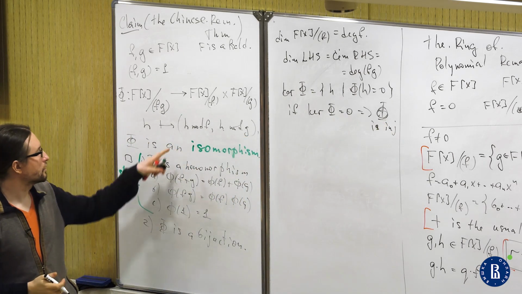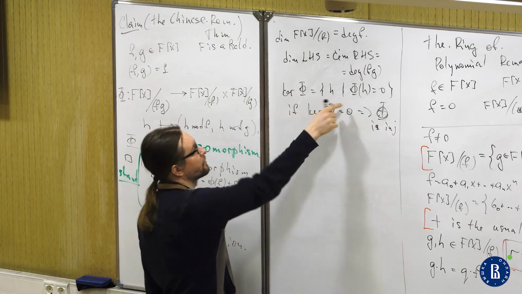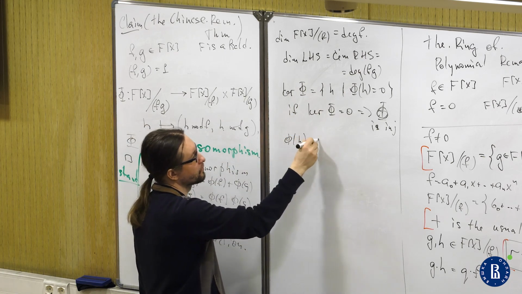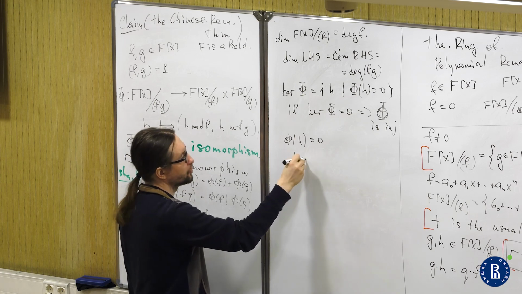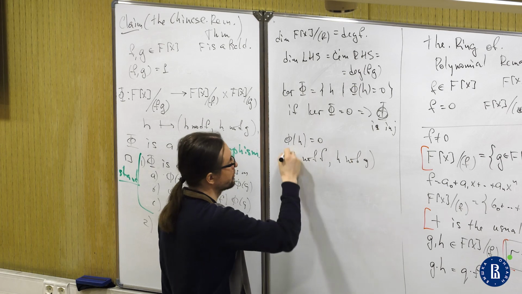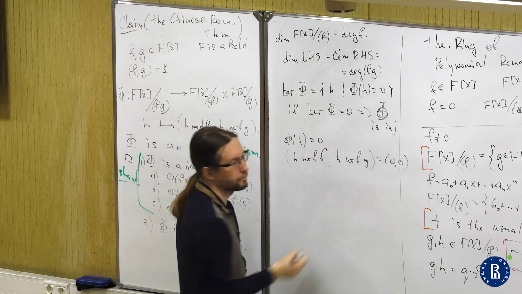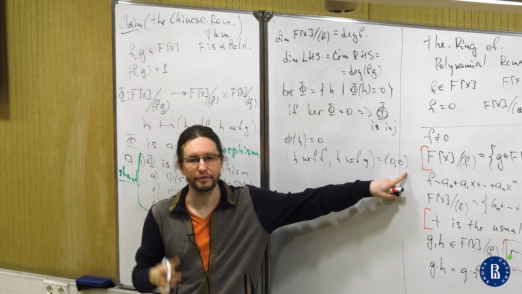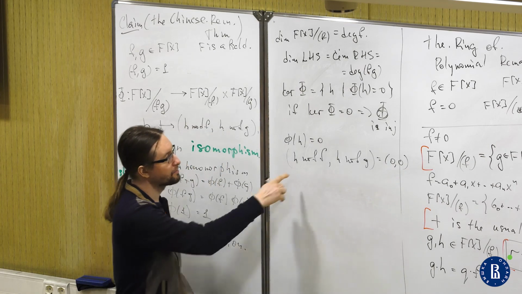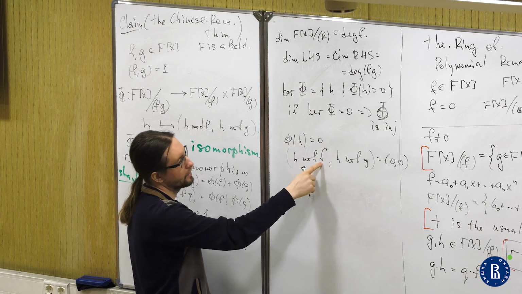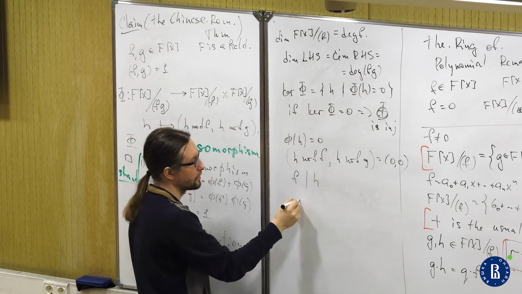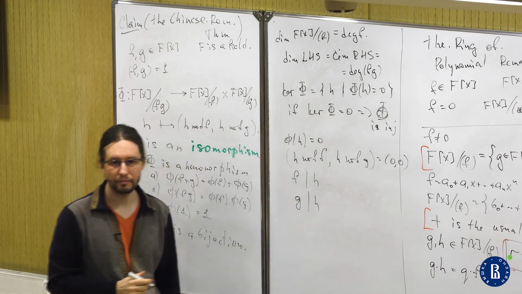Now, let's check what it means that the kernel is equal to 0. Well, phi of h equals 0 means h modulo f, h modulo g equals (0, 0), because (0, 0) is the neutral element of the right-hand side. But this means that this guy is 0, that is, f divides h. And this 0 means that g divides h.